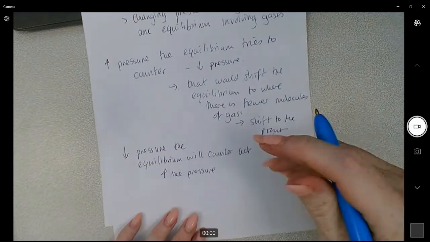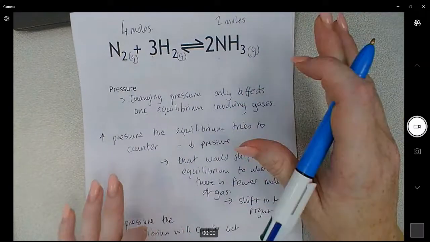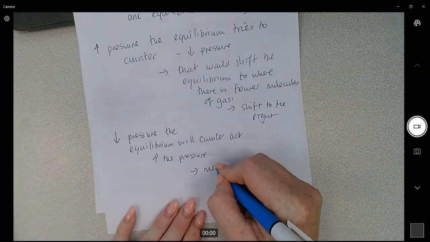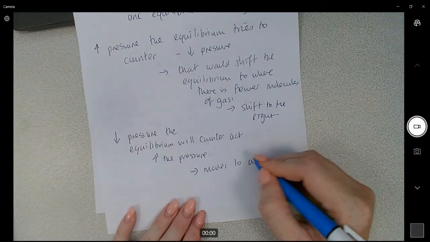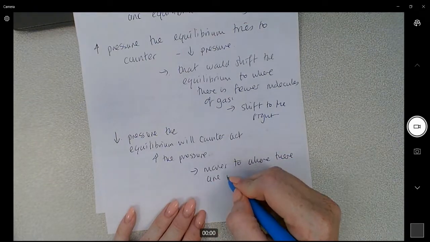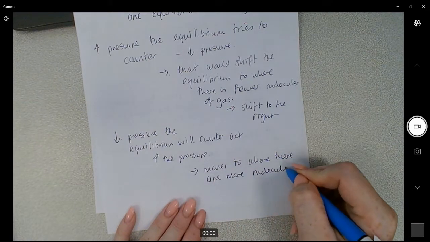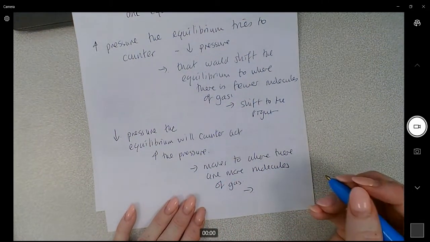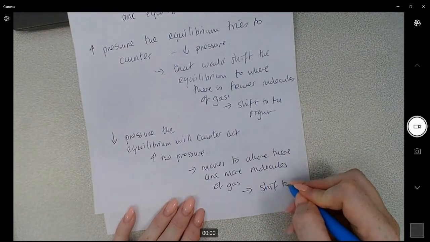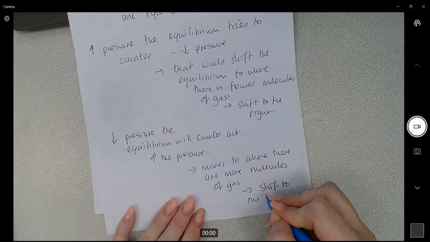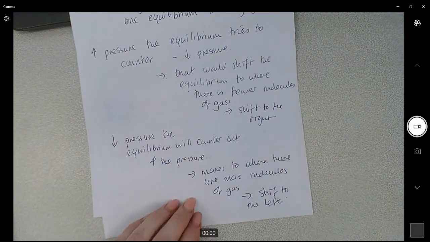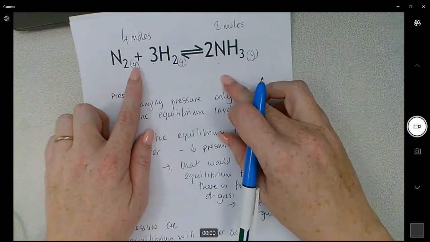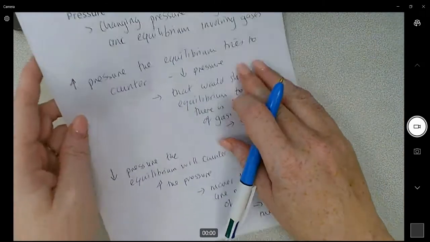So therefore, it's going to go where there are more molecules of gas, which in this case would be the left-hand side. Okay, so it goes to the left of the reaction because there's more molecules of gas and more moles there compared to there. So that's why it would shift it.